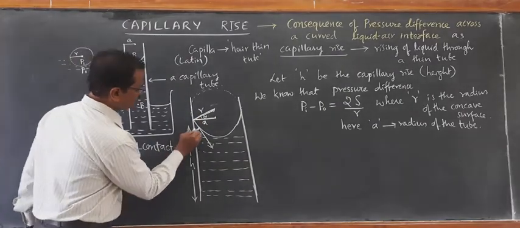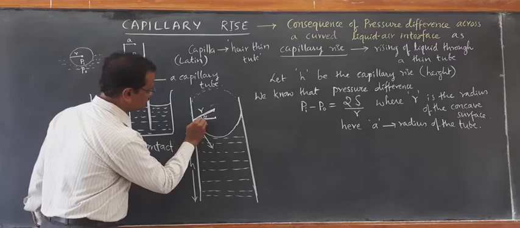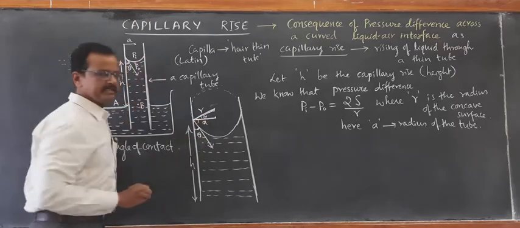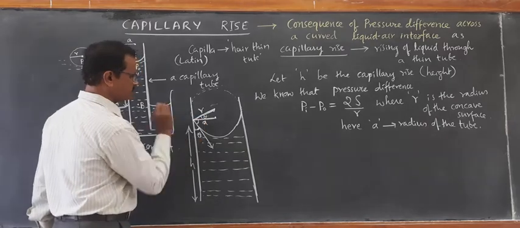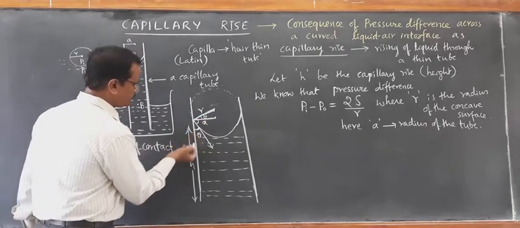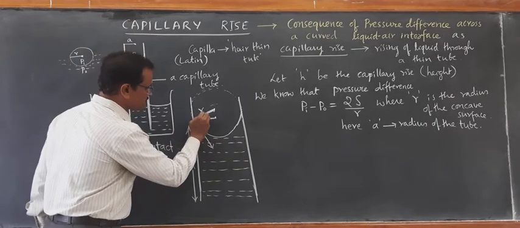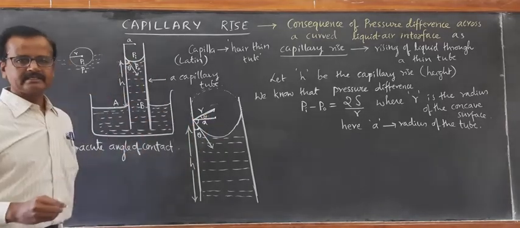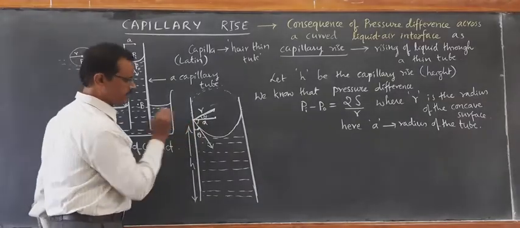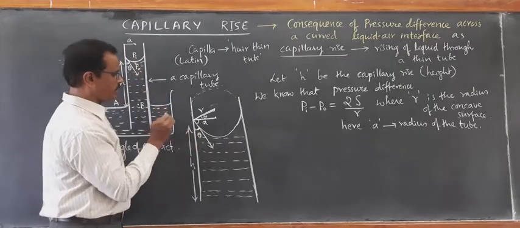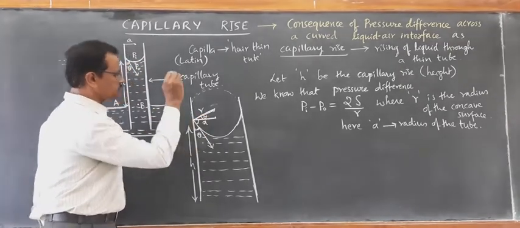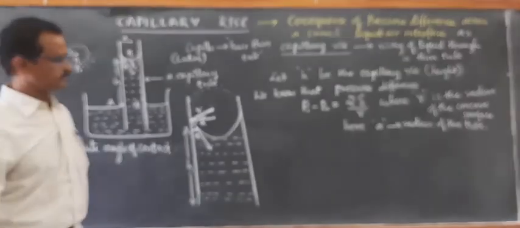This angle theta plus this interior angle is 90 degrees, and this other angle plus the same interior angle is also 90 degrees. So this interior angle is common. Therefore, we prove that if theta is the acute angle of contact, then this angle is also the same angle theta.